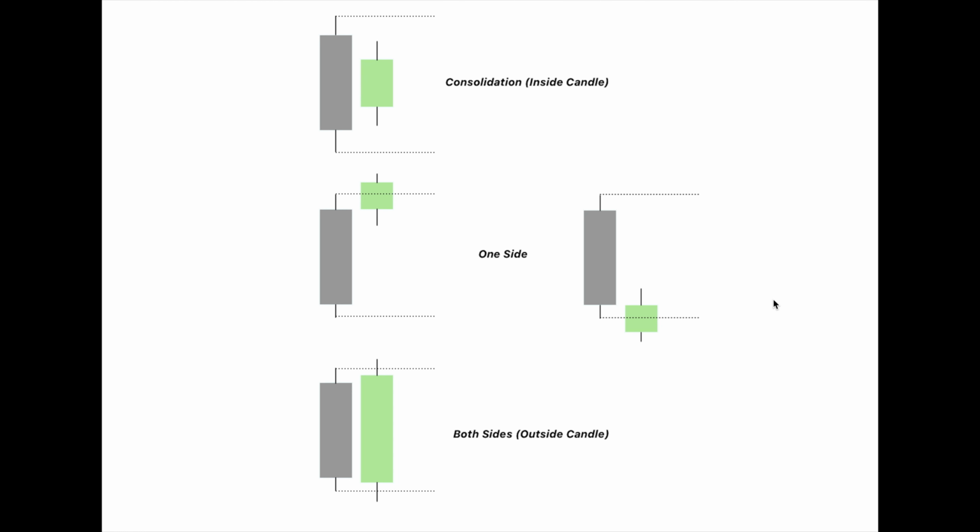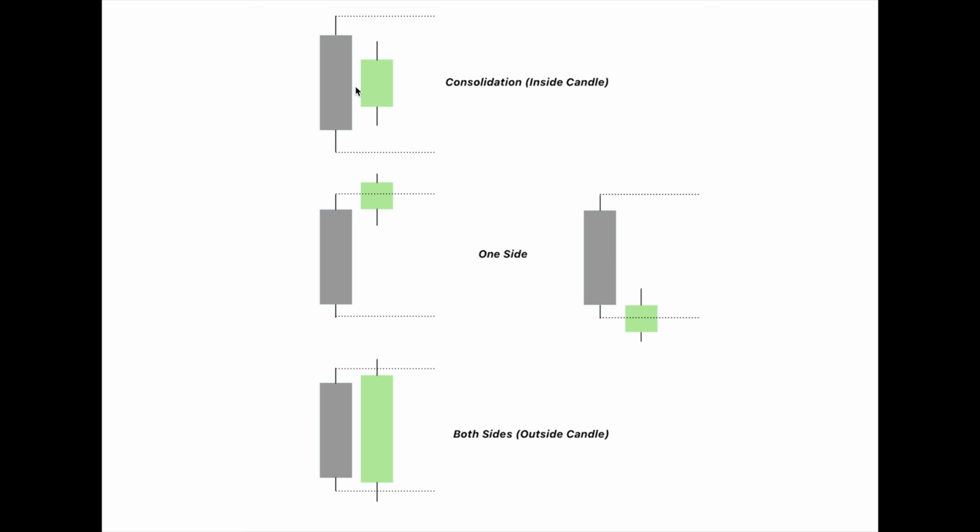Firstly, we're going to talk about the 3 things that a candlestick can do. So the first example is called an inside candle, and that's when the current candle doesn't take out the previous candle's high, so buy side liquidity, or it doesn't take out the previous candle's low, which is sell side liquidity.